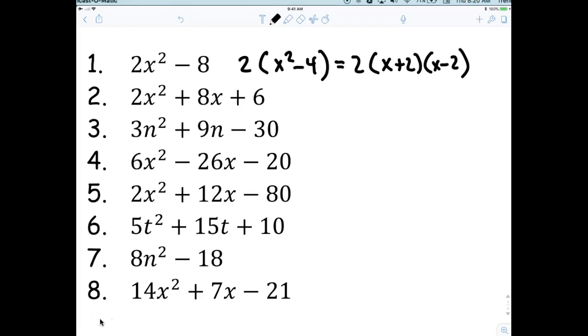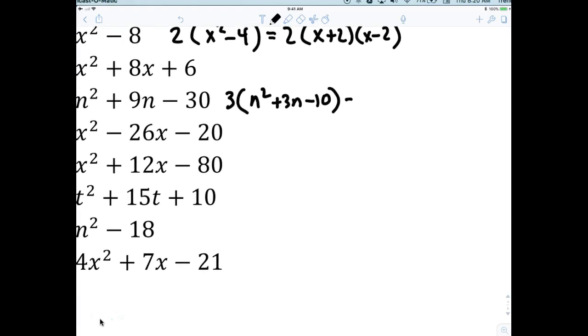All right, now let's check out 3. What's common? There's a common 3, so let's pull a 3 out. You're left with n squared plus 3n minus 10. Factors of 10 that make 3. And plus 5 and minus 2. Come on, that's not that hard. Just factor twice. Okay?